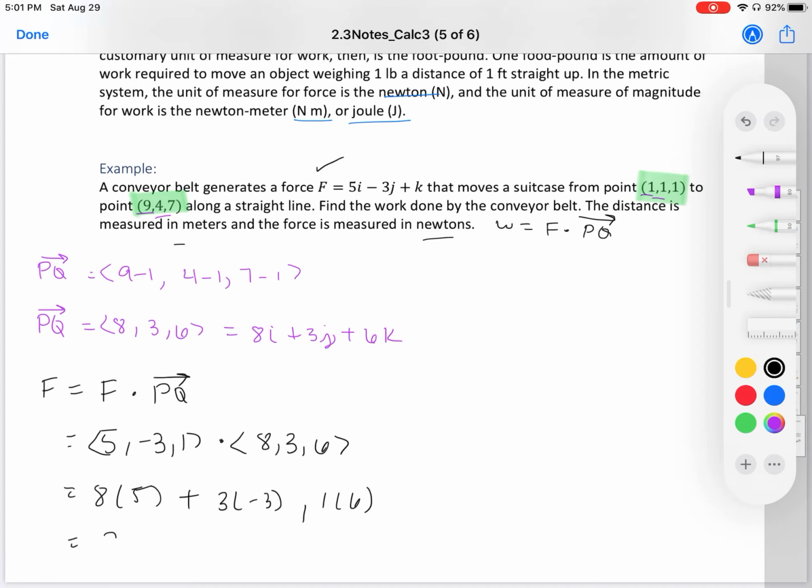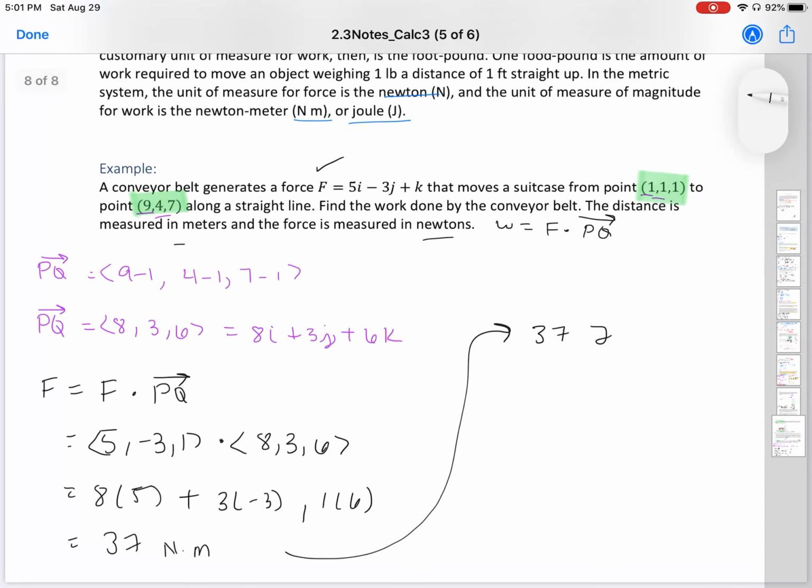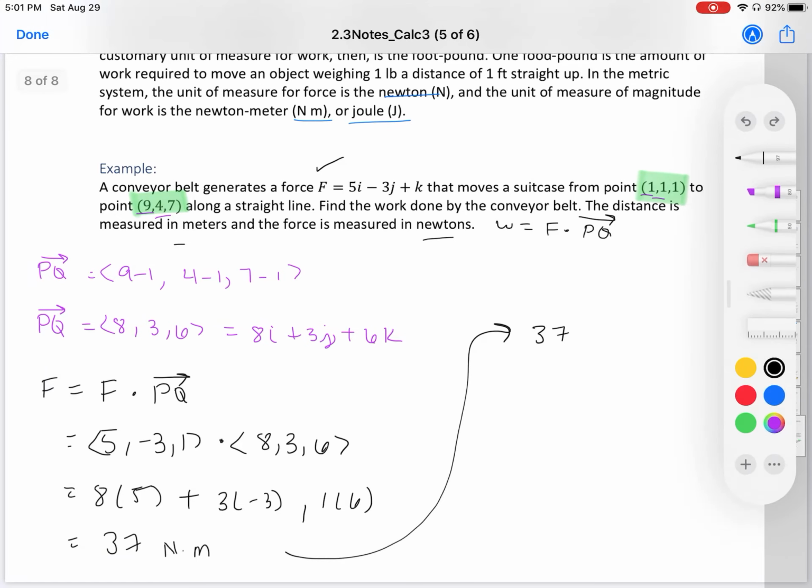That gives us 37, and it wants it in newton-meters, or we can write it as joules too, a J for joules. All right, you can write the answer either way.